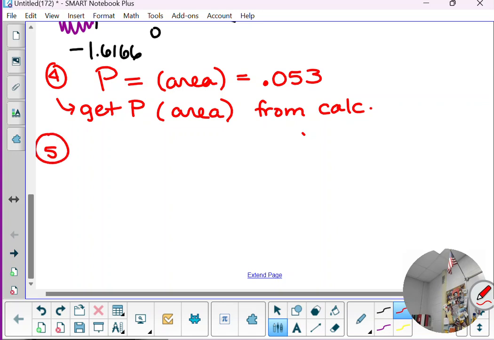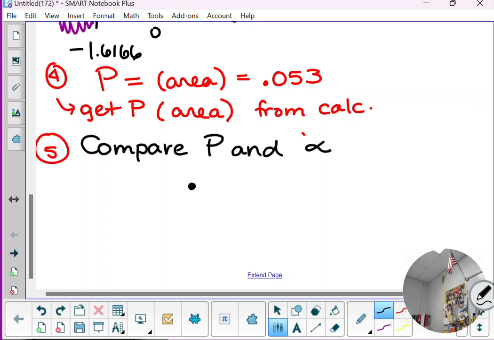And now we make our comparison. Compare P and little alpha. So P was 0.053. Little alpha, we agreed was going to be 0.05. P is bigger.